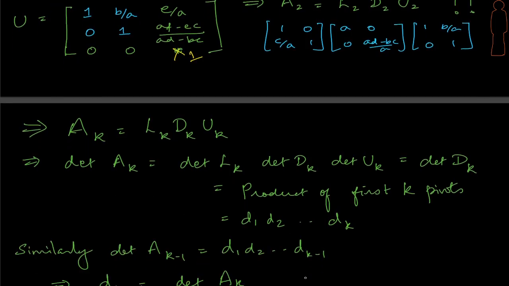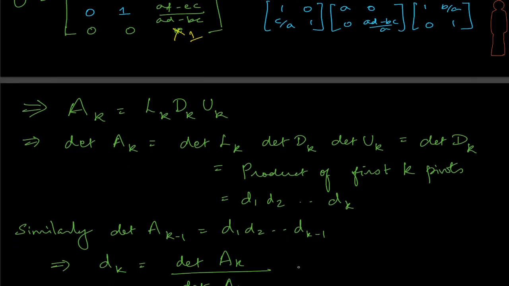And that gives us a very, very interesting formula to find out what is really Dk, the kth pivot. So look at this. The determinant of Ak gives me the entire product till Dk, whereas the determinant of the previous upper left matrix is only giving me the product up to the k minus 1th pivot.